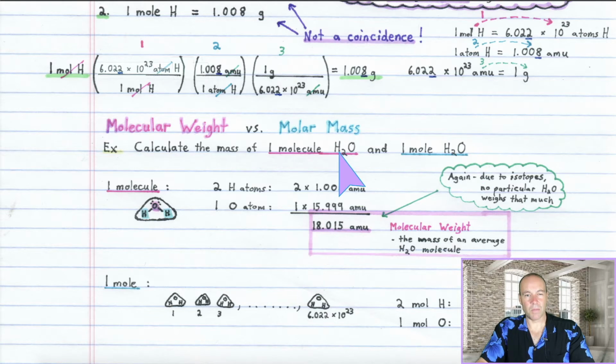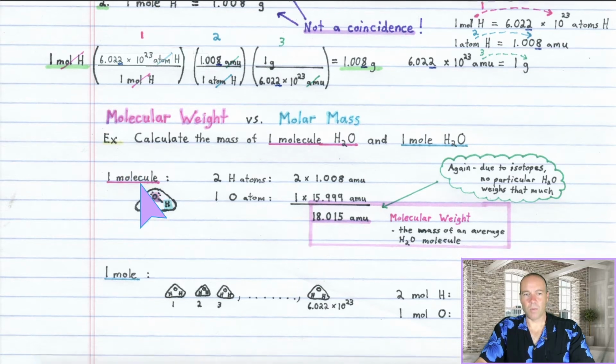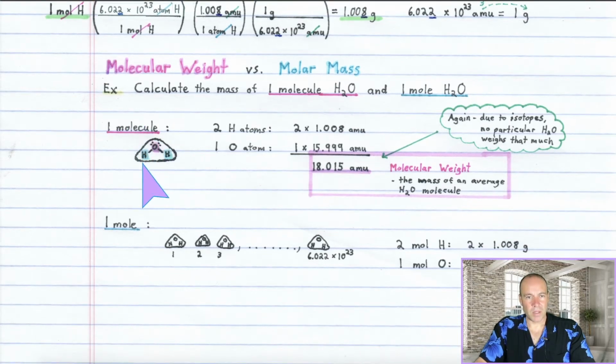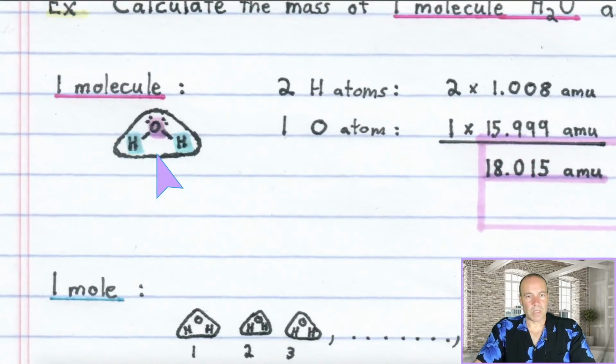First, a molecule. If you have a molecule of water, here it is, here's its Lewis structure. You can see that the molecule contains 2 hydrogen atoms and 1 oxygen atom. So to calculate the mass of a molecule, you need to add the mass of the 2 hydrogen atoms, okay, and the mass of 1 oxygen atom.